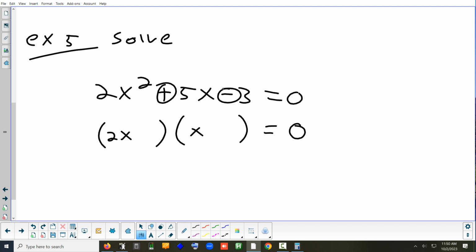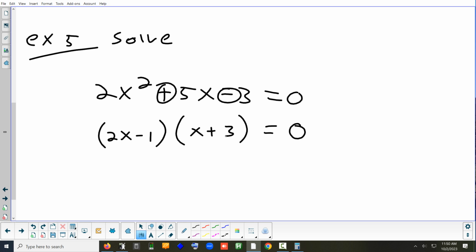Positive and negative. Right. And this part's not a guess. It's got to be a positive and a negative. It does matter which one you put where. It could be a positive and a negative. I would probably do a negative and a positive. If you did it wrong, you'll see it's wrong. You can switch them. And now we need two numbers that multiply to give us 3. 1 and 3, and I would do them exactly in that order.